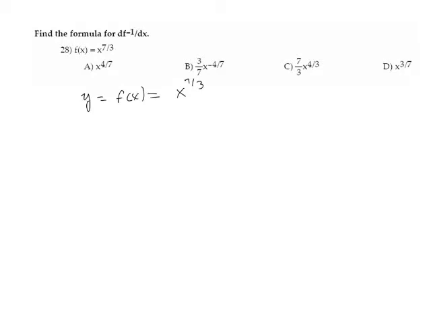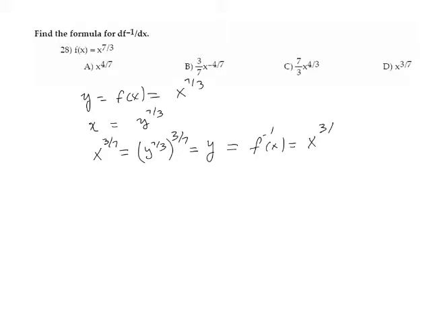Remember, the way to do that is to interchange x and y. So let's say that x is equal to y to the 7/3, and then solve for y. x to the 3/7 power equals y to the 7/3 to the 3/7 power equals y. So the inverse function of x is equal to x to the 3/7.